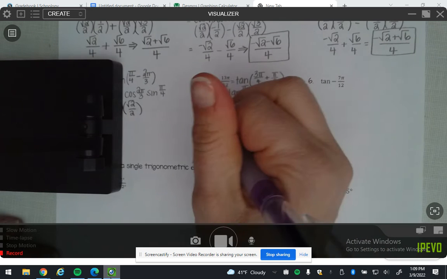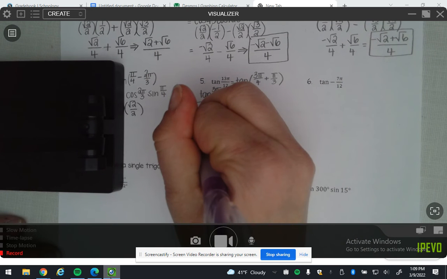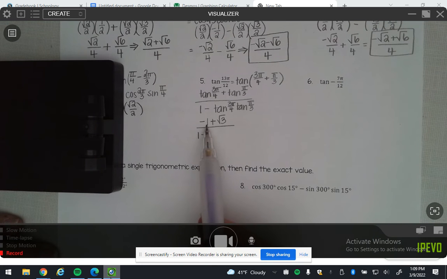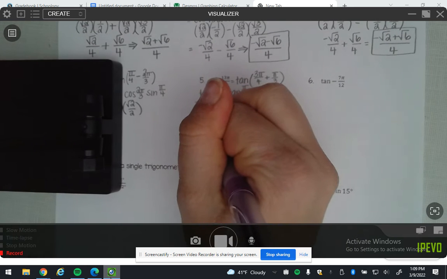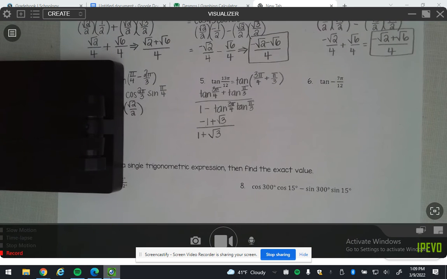No. So it's going to be 1 minus this number times this number. So it's negative 1 times radical 3, negative radical 3, but if you're subtracting, it becomes positive radical 3. 1 minus negative radical 3 is a positive, 1 plus.